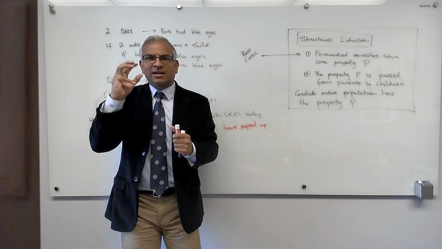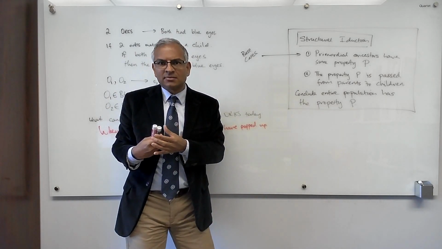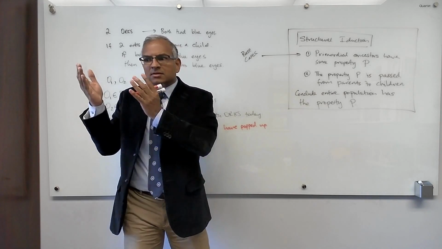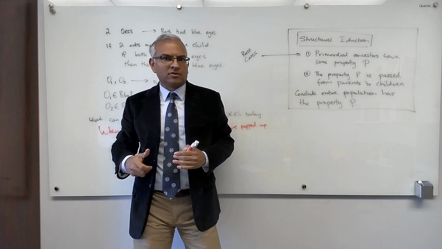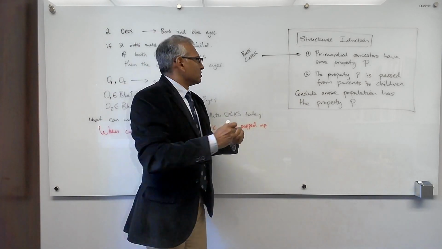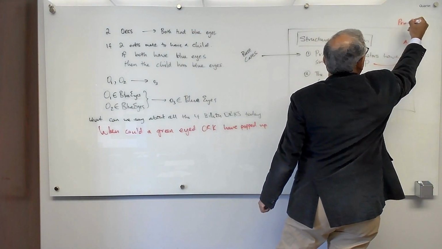So you make a claim. The input will be an element of your set. That's the domain of the predicate. And the predicate makes some claim about that element of the set, for example, has blue eyes or is even. So this property P, that's what we call a predicate.